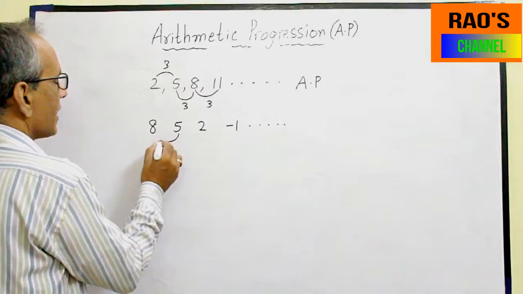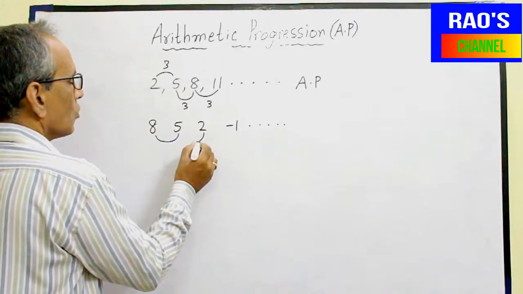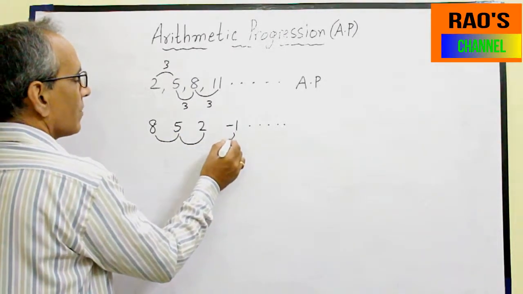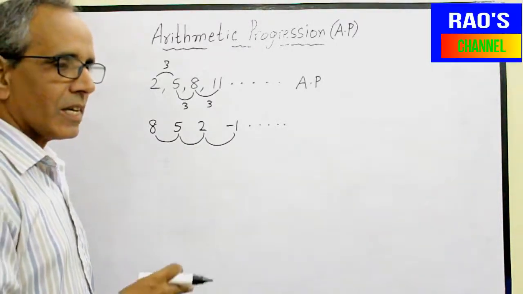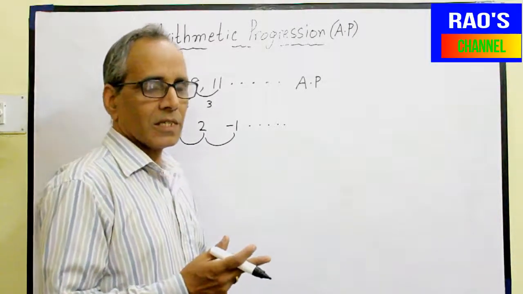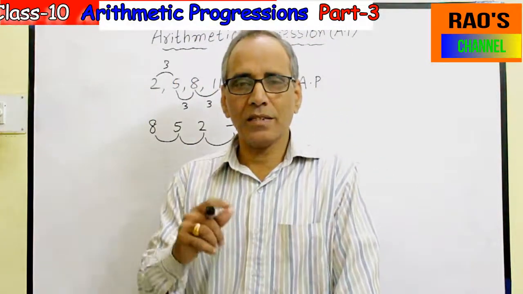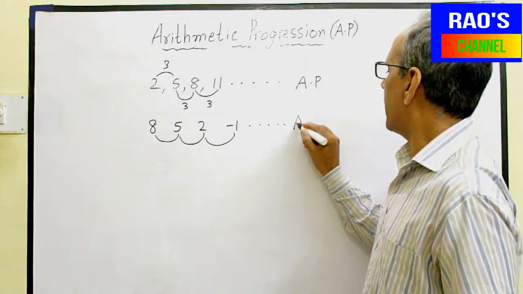That is 5 minus 8 is minus 3, 2 minus 5 is minus 3, minus 1 minus 2, the difference is of course minus 3. So you take any two consecutive numbers, the successive minus predecessor is same. If so, we call that by the special name AP.